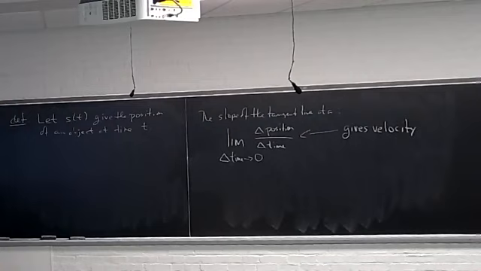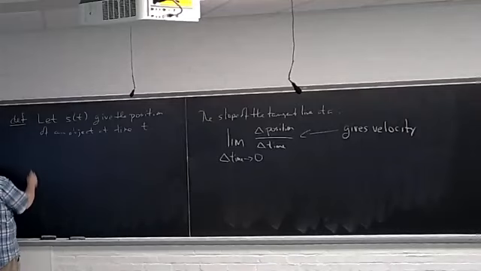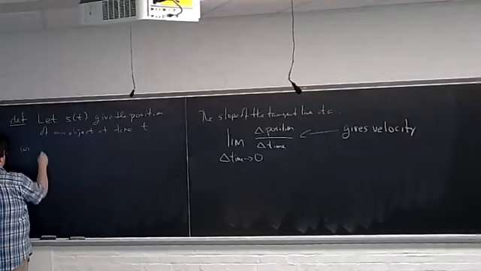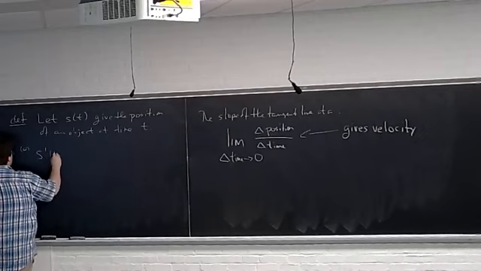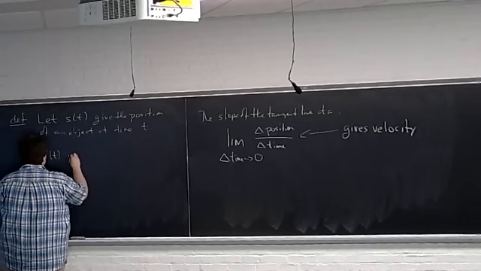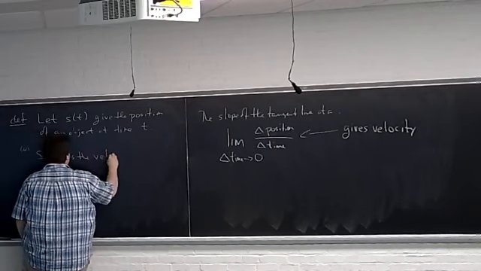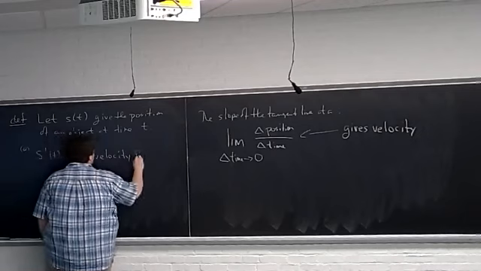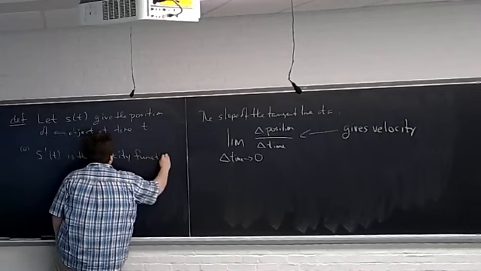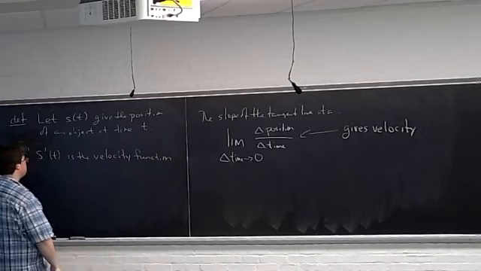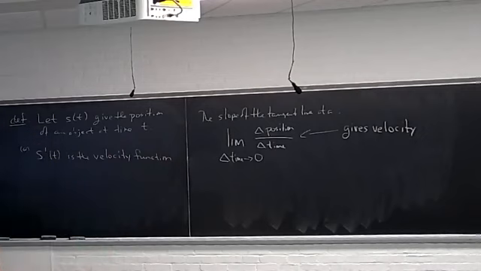Well, from that discussion, the first derivative is going to measure the velocity. So I'll just say S prime of t is the velocity function. S prime of t is going to measure a change in position given a change in time at each point on the curve. So S prime of t gives the velocity at any t value.